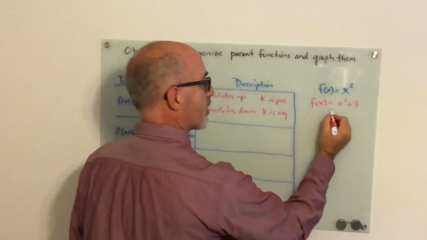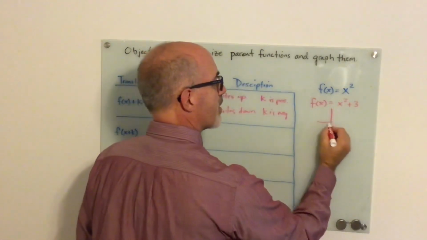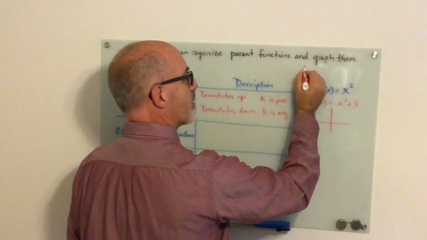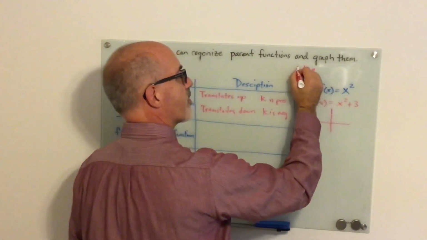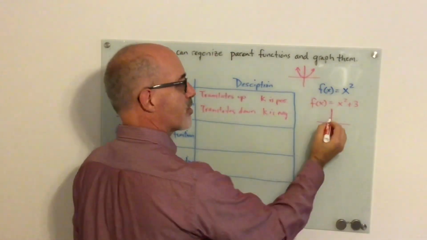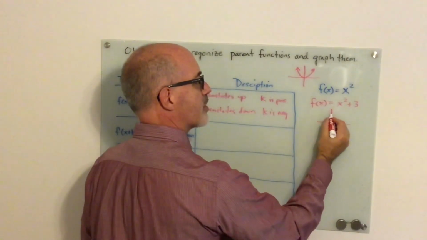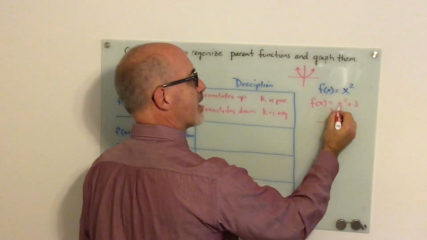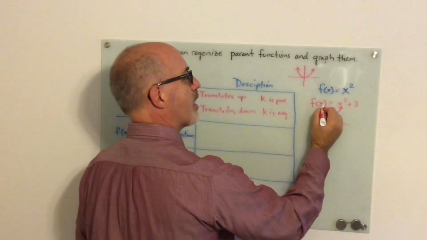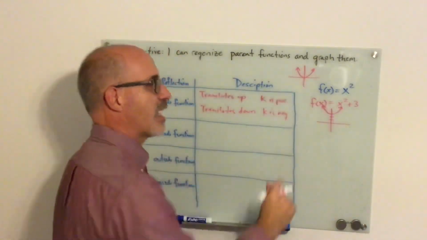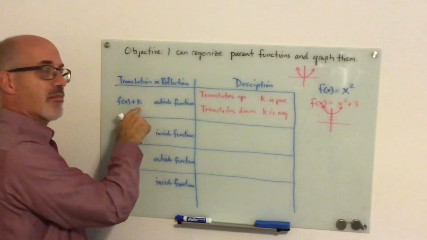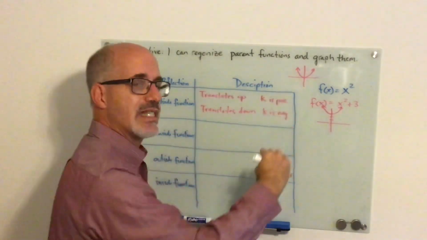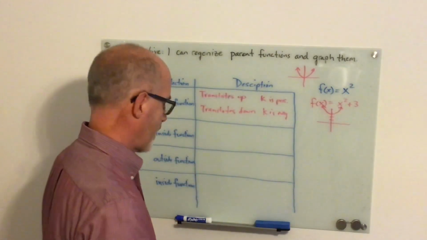When I look at the graph of this, my general form, the look of x squared, remember, looks like this for the family of functions. If I have a 3, it just moves it up 3 units and gives the parabola up 3 units. It looks the same, just moved up 3 units. If this had been a minus a number, it would have moved it down that many units.